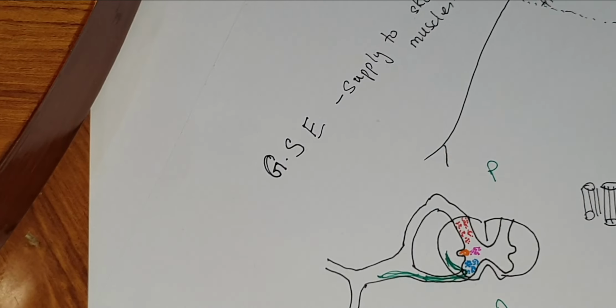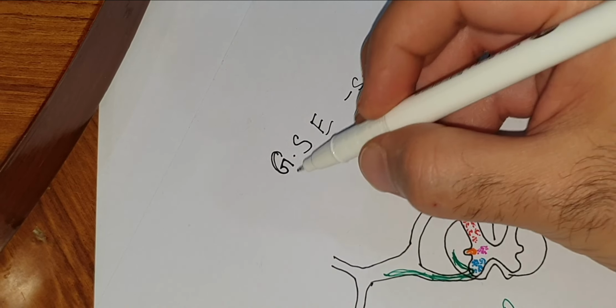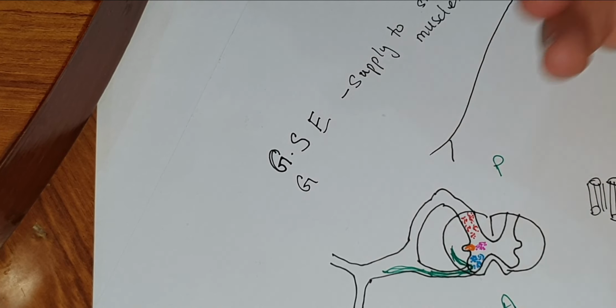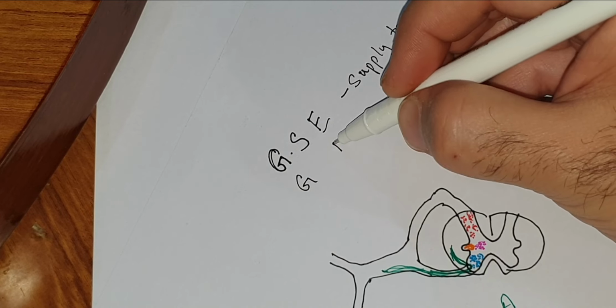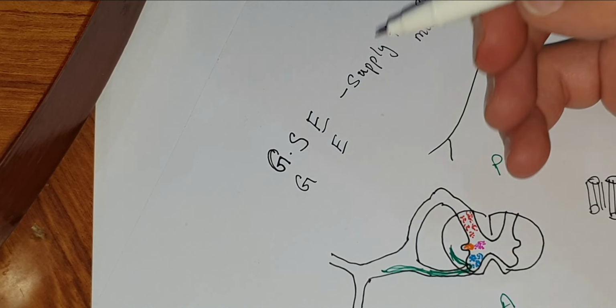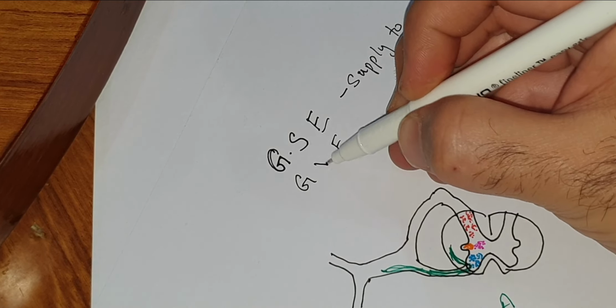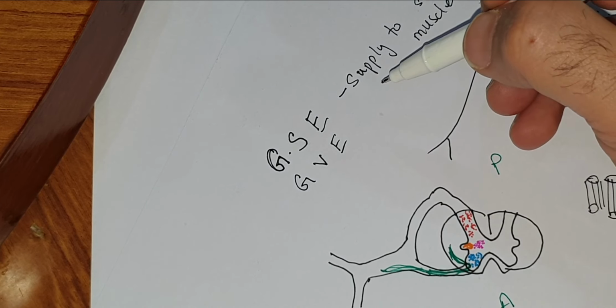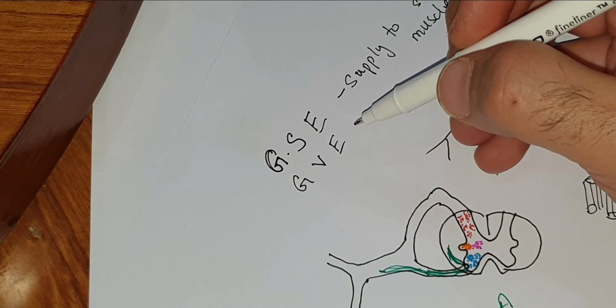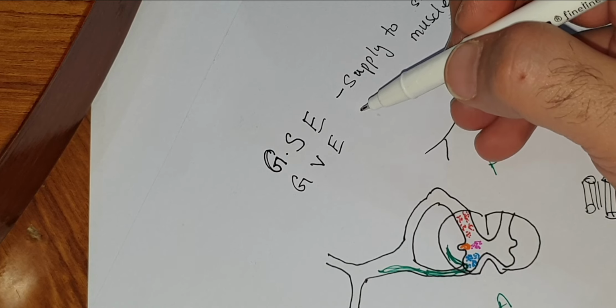Now the next component is the general visceral efferents. General, you already know what general is. Efferents going out of the spinal cord, and visceral means they are going towards the viscera. As you know, the viscera are not in your control.